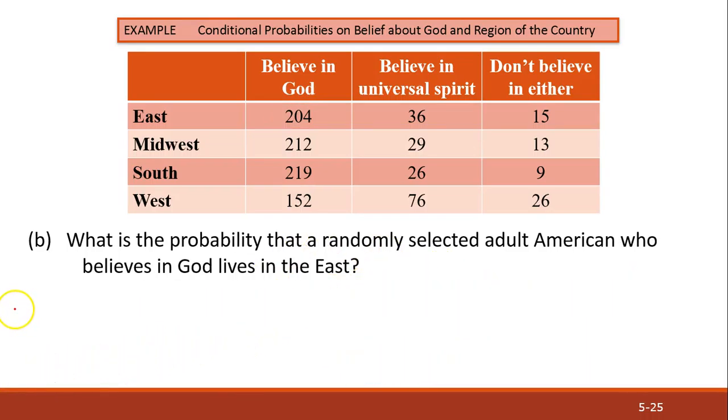All right, so the way we're going to compute this probability is this way here. So we're finding the probability that they live in the East given that they believe in God.